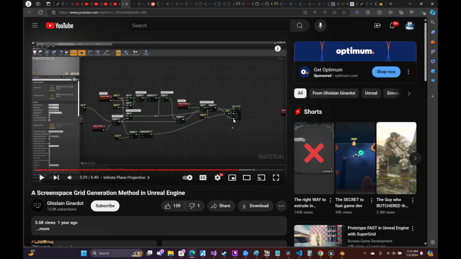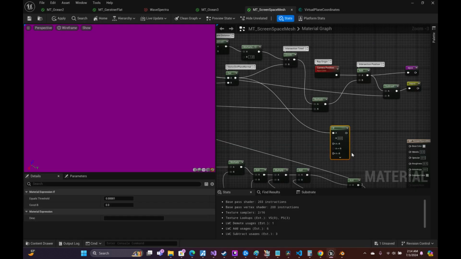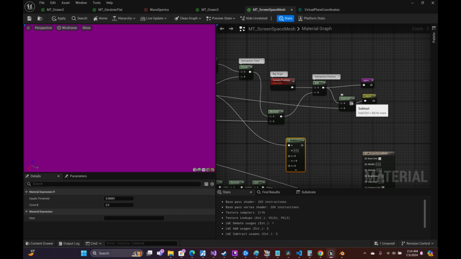Okay, so less than, we use the output of the subtract node. Hang on.